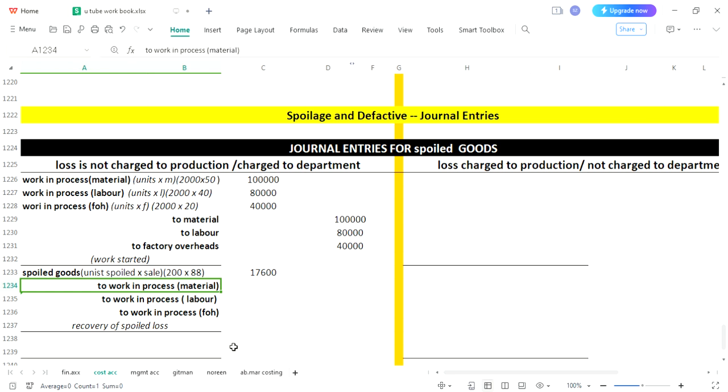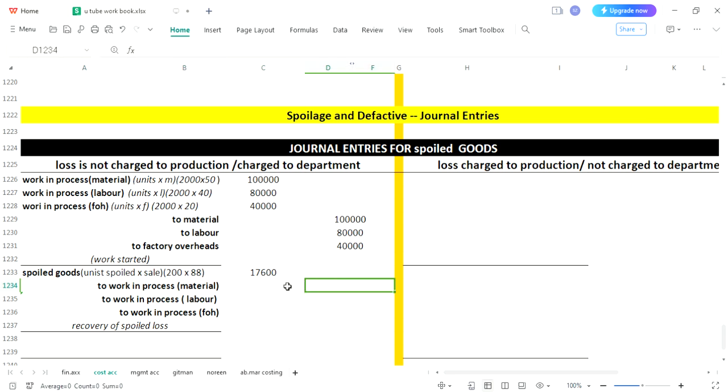There is another interesting thing, how you will divide this amount 17,600 among these three. I have told you a formula when we introduced it. What you will do, this is your spoiled amount, and you will be dividing it by the individual amount and by the sum of these three amounts. What I was introducing in your introductory lecture was very important, if you have remembered. So for the time being, since we are just understanding, we have to write something.